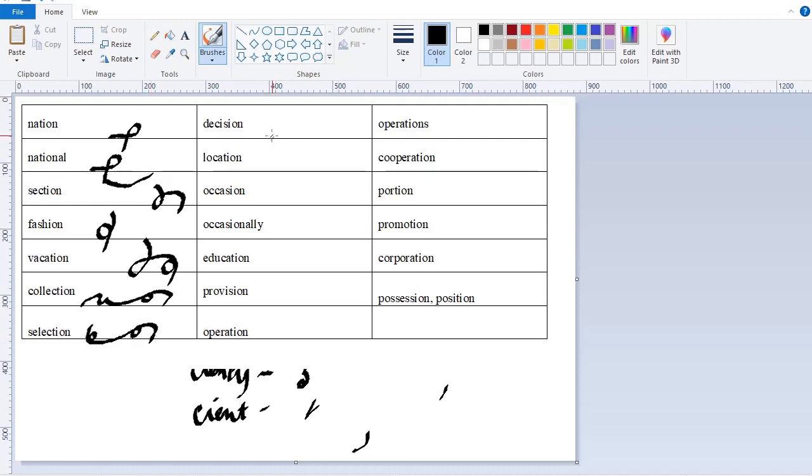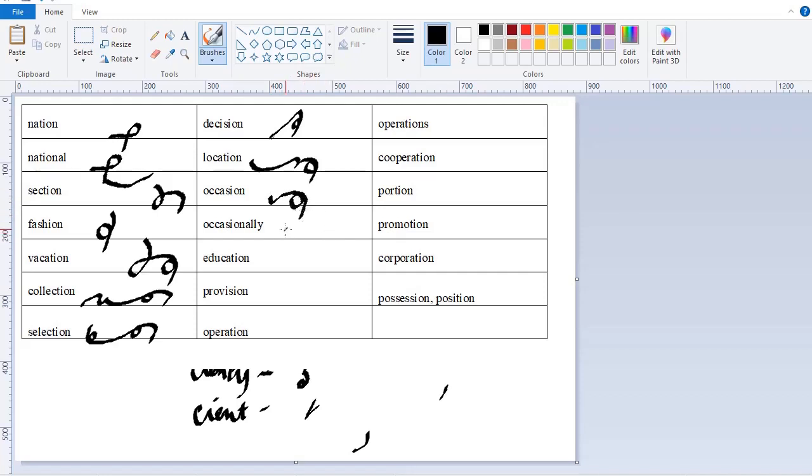Decision: we have D, then C, then Shon. Location: we have L, Lu, and then K, and then Shon. Location. Let's do it again. Occasion: we have okay and then Shon.